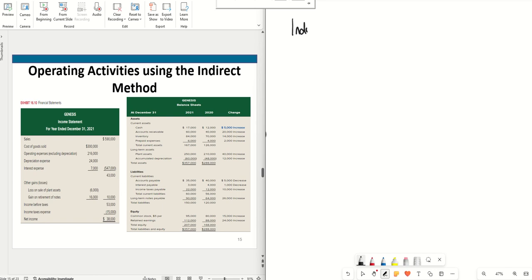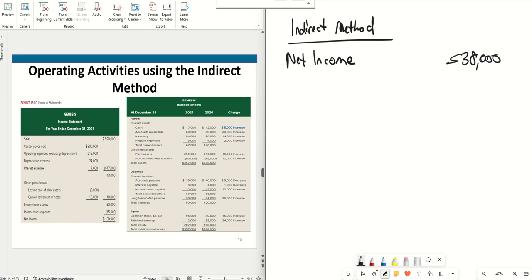So I'm going to put over here the indirect method. Under the indirect method, you're going to start off by presenting the net income from the income statement, and that's going to be $38,000. We see on the income statement the bottom line is 38,000, but there are various accounts that affect the bottom line.